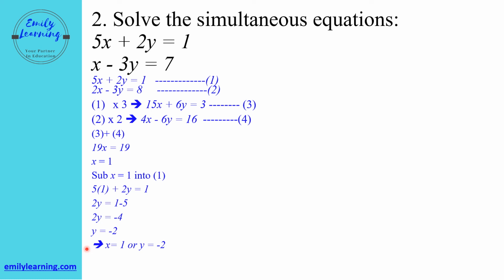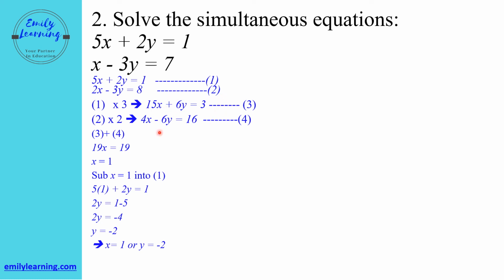All right, so that is how you solve a simultaneous equation using the elimination method. You will need to eliminate one unknown. To eliminate one of the unknowns, you need to multiply each statement by a number such that you have both unknowns being the same in both statements. So for this case, you have both statement 3 and 4 having 6y.